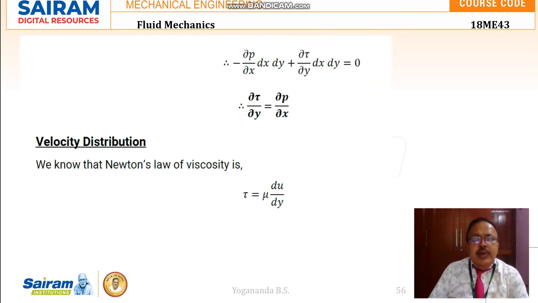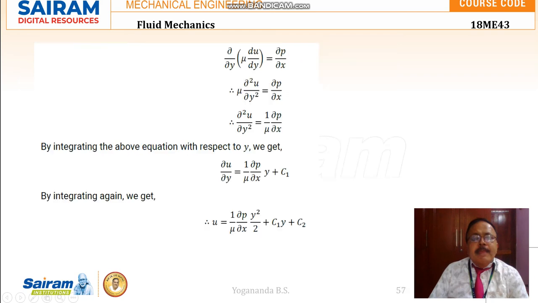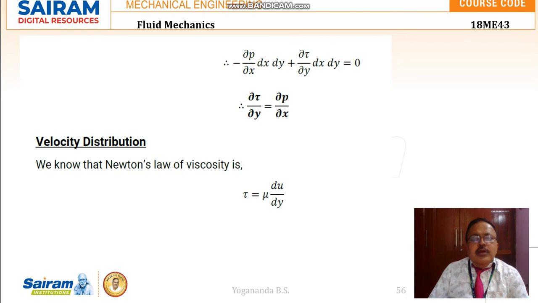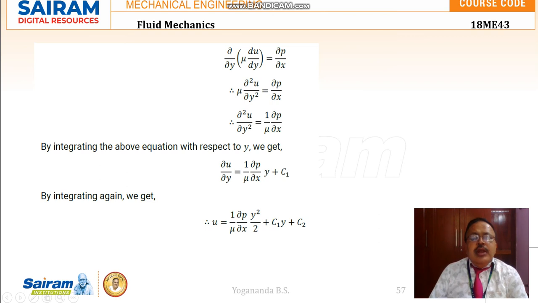Substituting this tau in the equation del tau by del y equal to del p by del x, and simplifying, we get del square u by del y square is equal to 1 by mu of del p by del x.